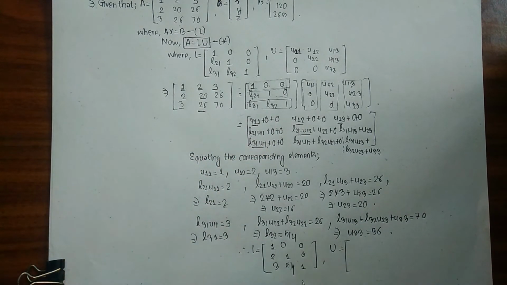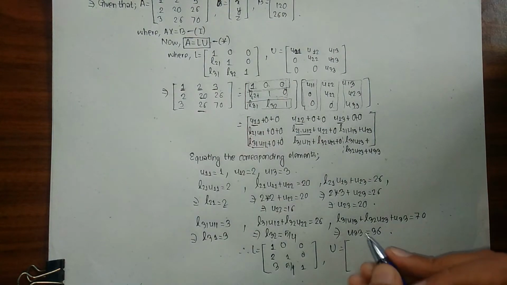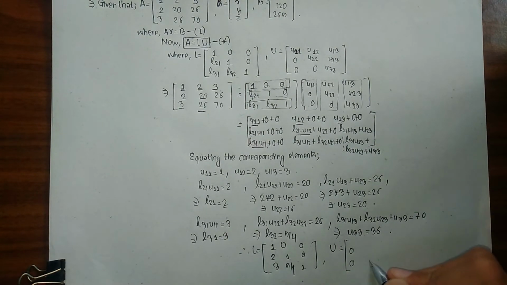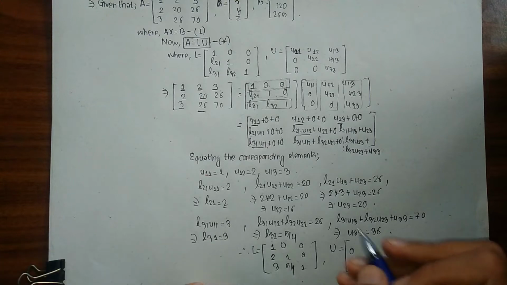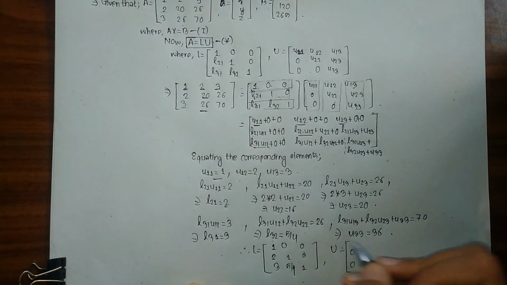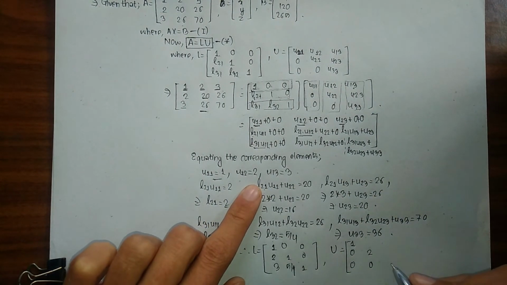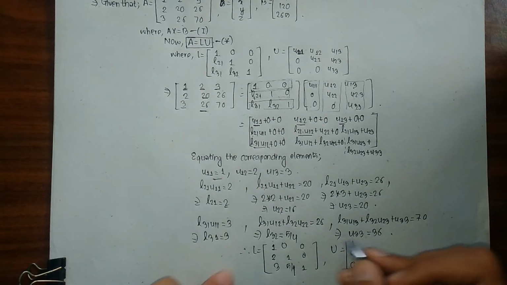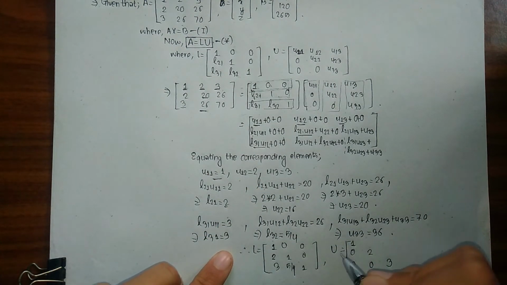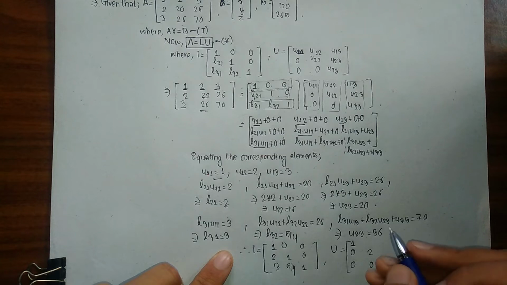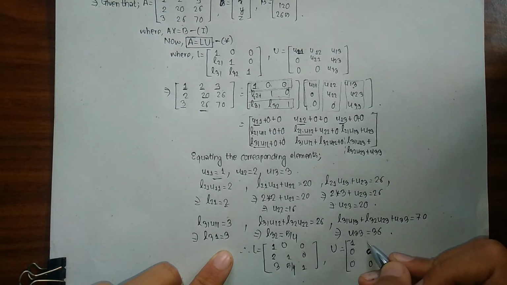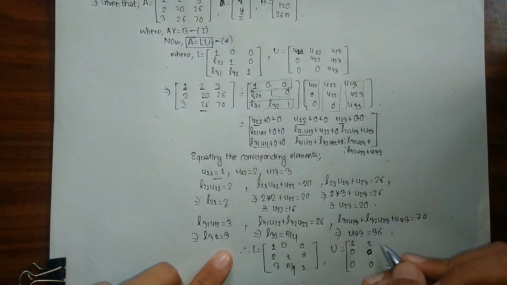So we have got our lower triangular matrix. For our upper triangular matrix U, we have 0 0 0 in the lower part, U11 is 1, U22 is 16, U23 is 20, U12 is 2, and U13 is 3.